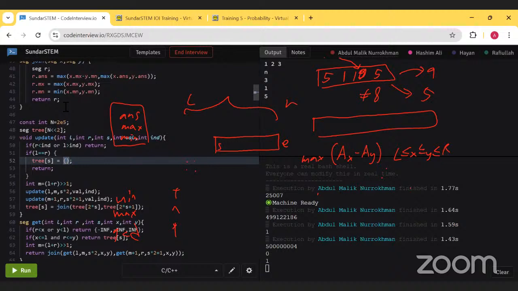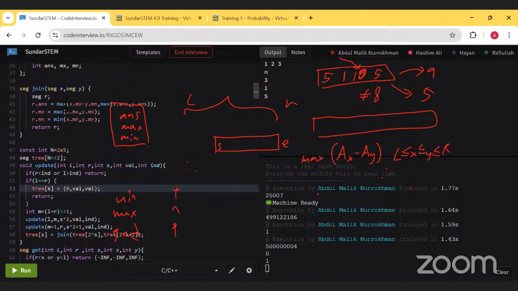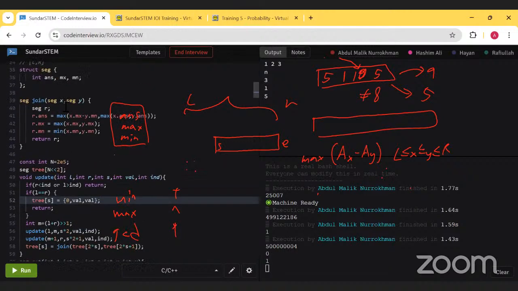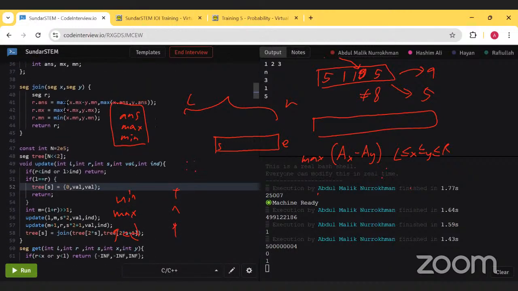The answer starts from 0, and then the maximum is just value and also value. Okay. Until this point, did you understand?